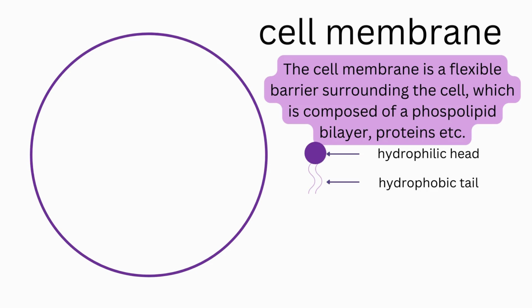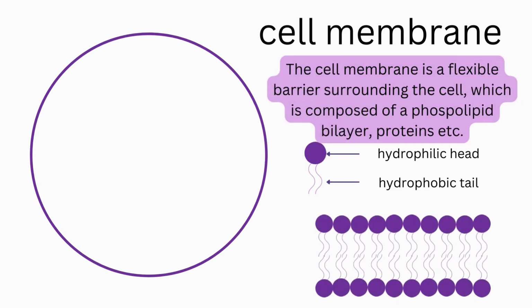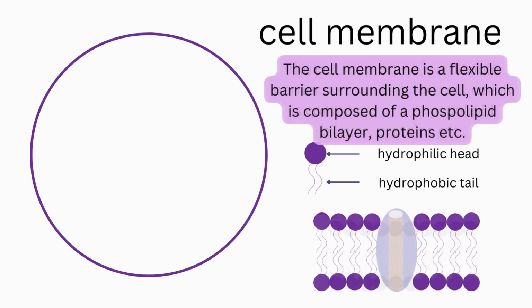Therefore, the cell membrane is arranged so that the hydrophilic heads of the phospholipid face both the water-based interior and exterior of the cell. Cell membranes also contain proteins, including integral proteins that span the membrane and serve as membrane transporters.